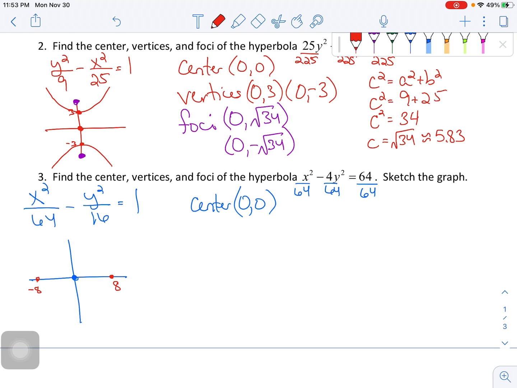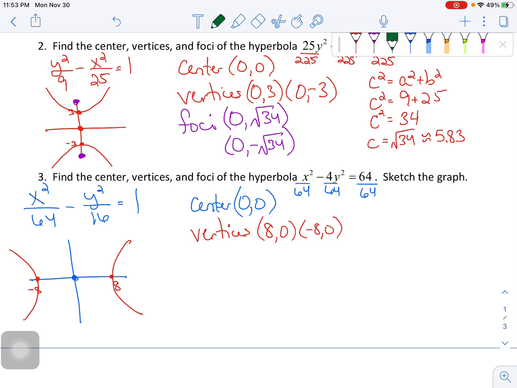So I'm going to come out here to positive 8, come out here to negative 8. So there are my 2 vertices. So vertices, that's going to be (8, 0) and (-8, 0). And I know that my graph is opening left and right. Okay, so there's my hyperbola.